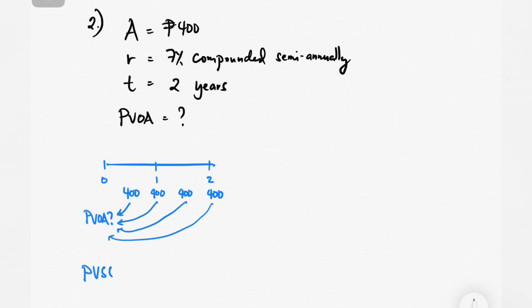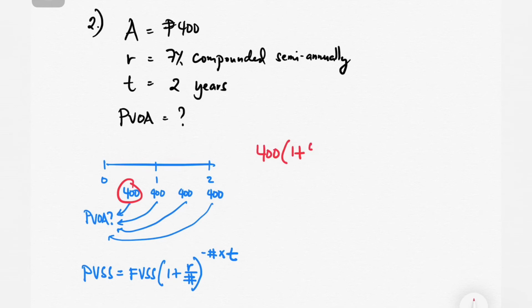Again, to compute the present value single sum, you need the future value single sum times 1 plus rate over number of compounding periods raised to negative number of compounding periods times t. So let's start with this one. That's the future value single sum, 400. 1 plus rate. The rate is 7%, since it is compounded semi-annually.